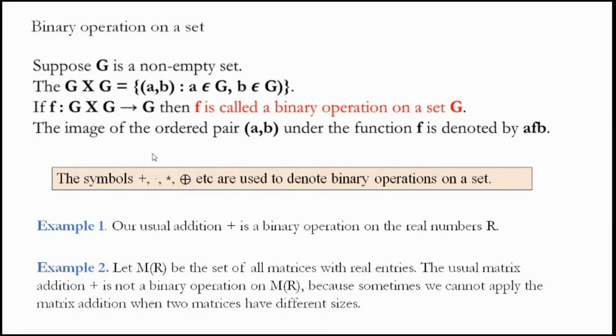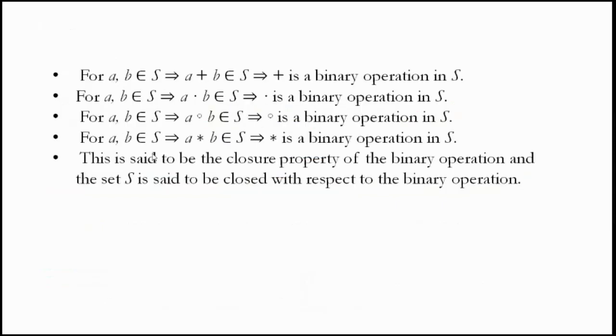This condition may not be true for matrix operations, because of the different dimensions of the matrices, the addition is not possible. That example we have seen. Next, we have seen other examples like A, B belongs to S, A plus B also belongs to S, where plus is the binary operation in S. Like that, the multiplication operation and other operations.